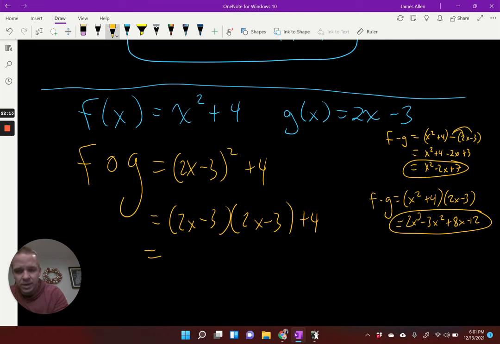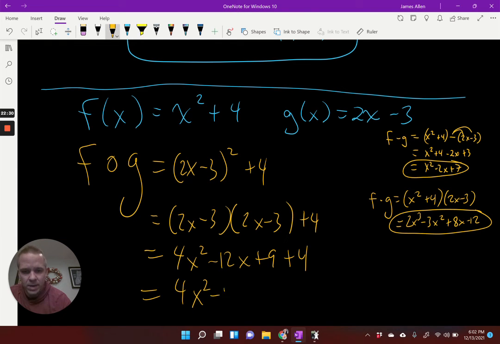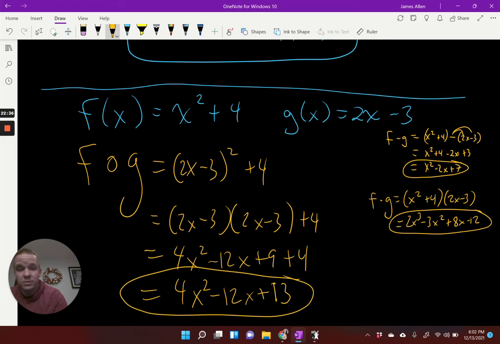A lot of us, I think, like to write it out. So 4x cubed, and then you're going to have negative 6x, and negative 6x is negative 12x plus 9 plus 4. Combine a little bit of like term action here. Why did that cube? That should be squared. My apologies. So 4x squared minus 12x plus 13. Okay. There we go. That was a close call.